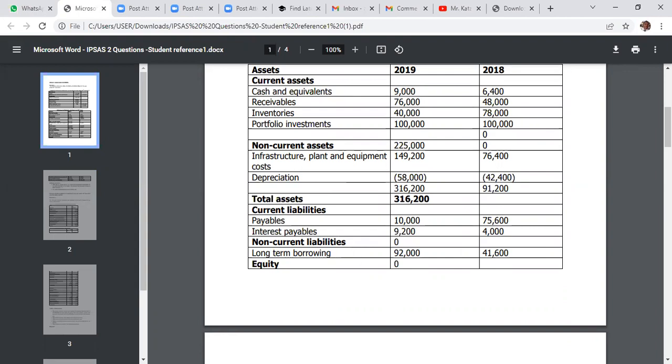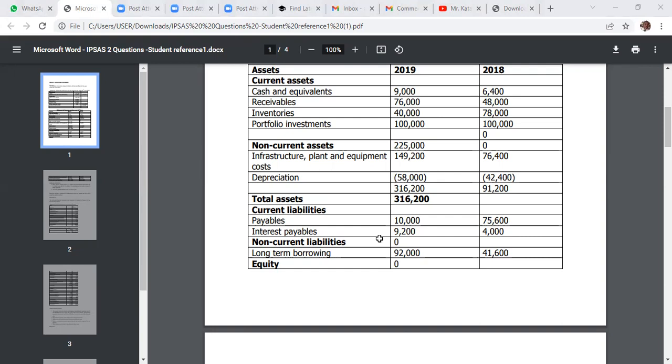So I'm going to draw a T account of this infrastructure, plant, and equipment, with debit and credit sides.